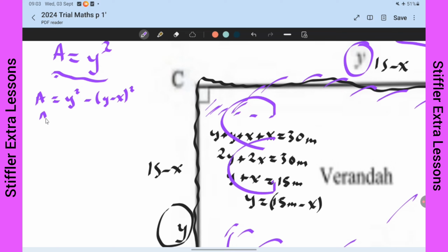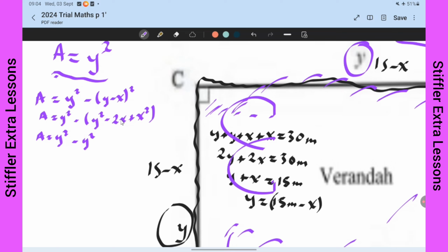So now our area becomes Y squared, and dealing with this, it will be minus. So dealing with this becomes Y squared minus 2XY and then plus X squared. So you know how to multiply out the brackets, right? So now our area becomes Y squared, and then we have our minus Y squared, because Y squared is inside.